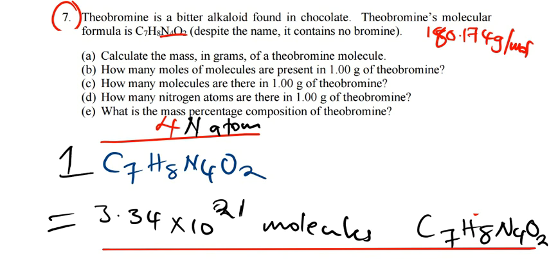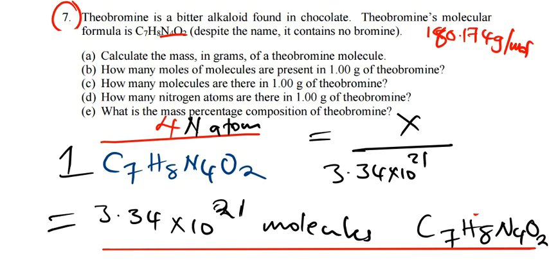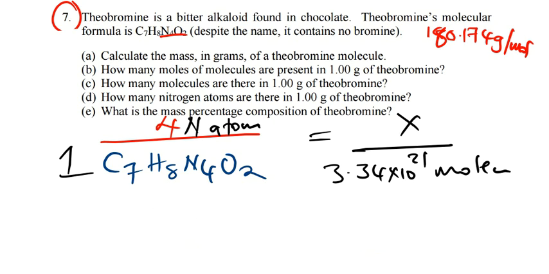How about if we have x, which we don't know, for this number, 3.34 times 10 to the power 21 molecules? At the end of the day, all we need is to multiply by 4. It's just 4 multiplied by that. That's how you get the total number of nitrogen atoms present.